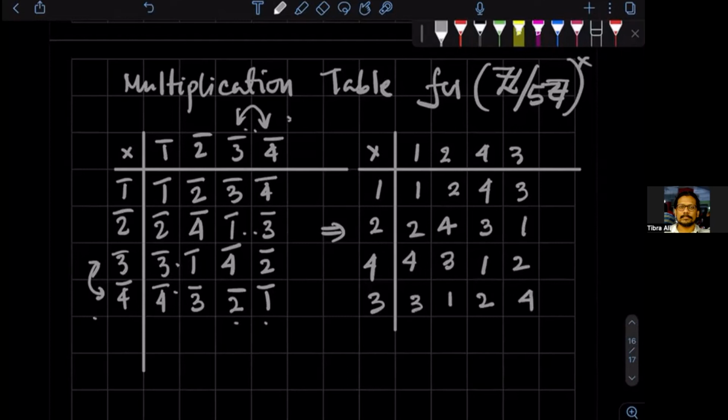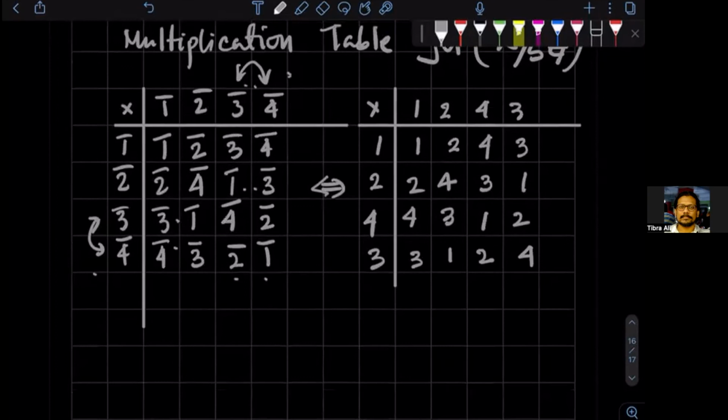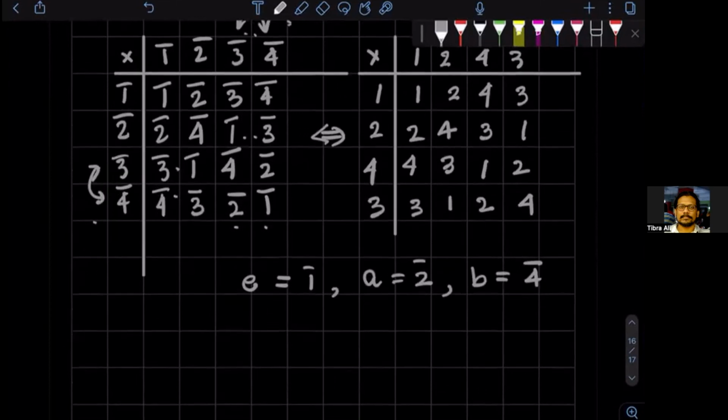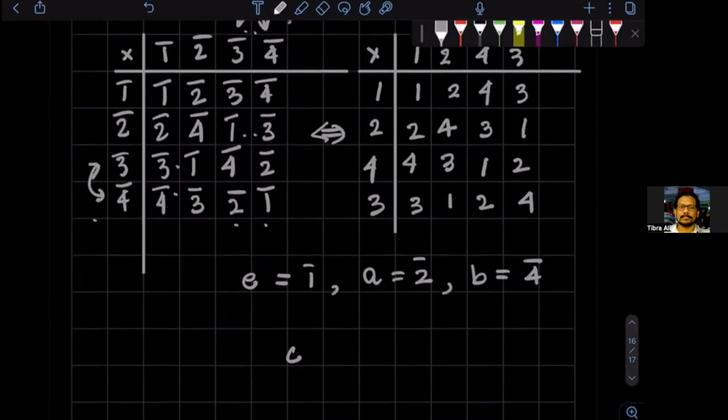Yeah, okay, so these are the same multiplication tables, right? And now suppose I say, let me call E 1 and then A 2, and B say 4 and C 3.